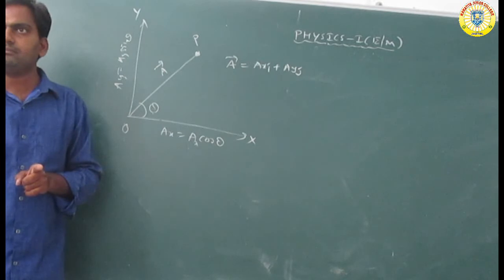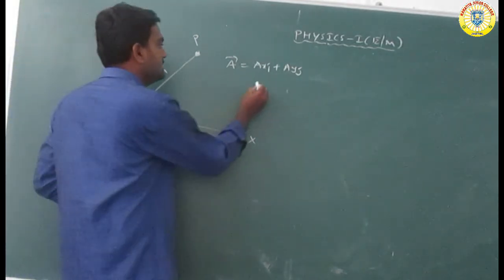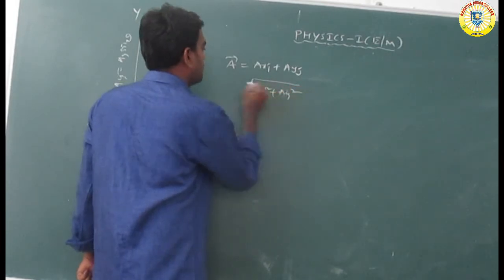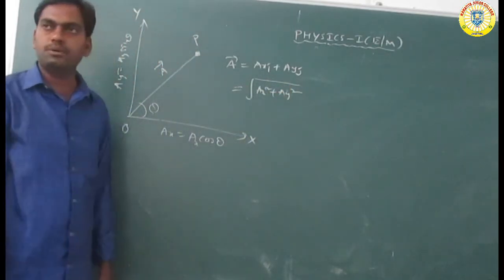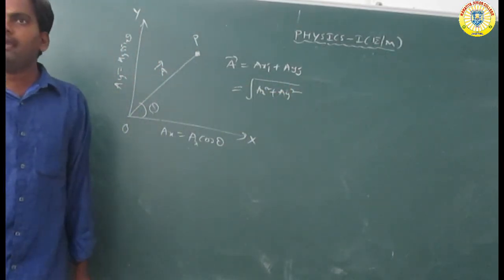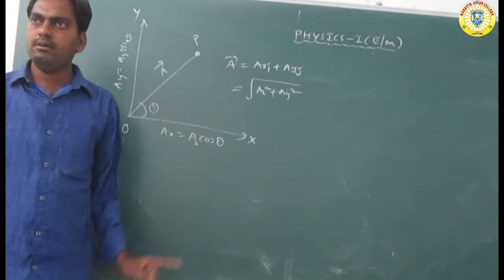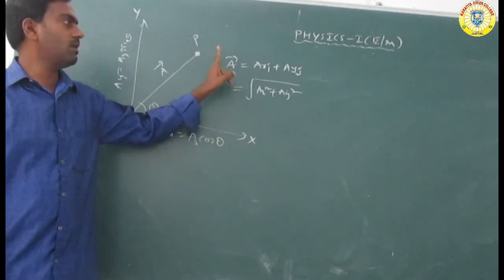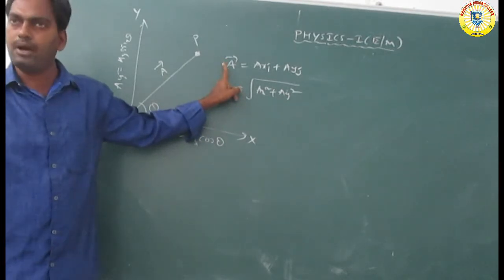Got it? The magnitude is the square root of Ax square plus Ay square. This is the vector form.